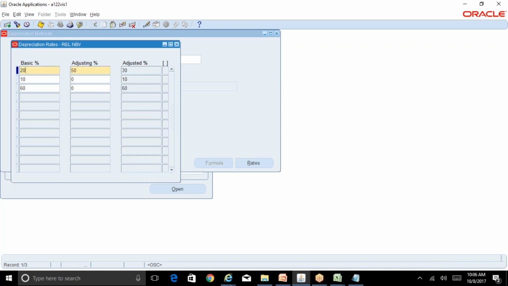You can very well create a basic rate of 30% with an adjusted percentage of 0. I did not come across any client who is really using that, but that is the functionality. Because you can achieve the same thing in a different way, 20% then adjusting 50%, or directly enter 30%.